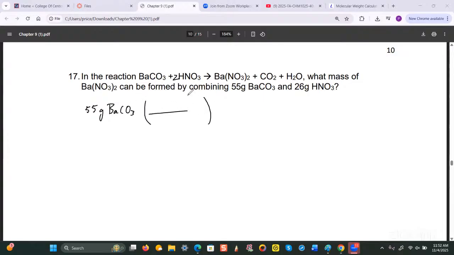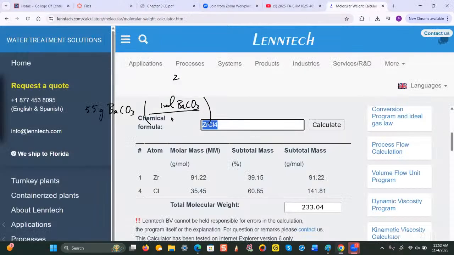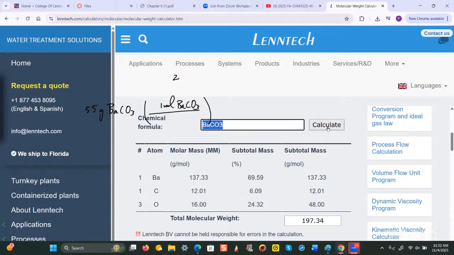So we multiply by 1 mole of barium carbonate above as the numerator, and then we need to find the molar mass of the barium carbonate, which is BaCO3. And according to my calculation, that's 197.34.